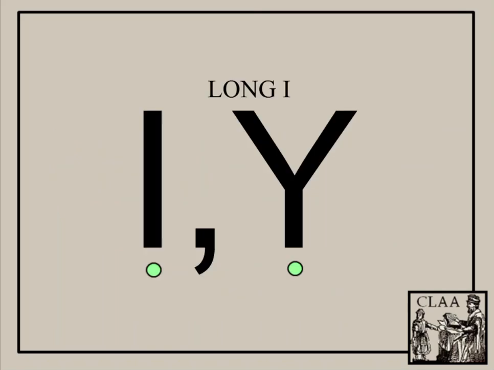The next important change in modern English has to do with the long E. We learned that the sound E could be written in Latin and later in modern English with the letters E or what we call Y. Both of these letters would be read as E. But in modern English, this changes.